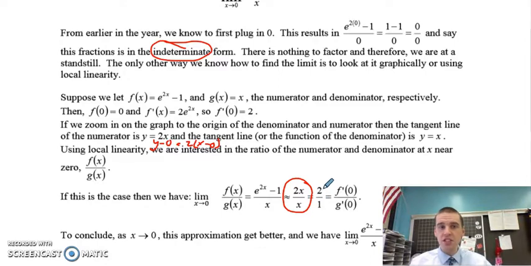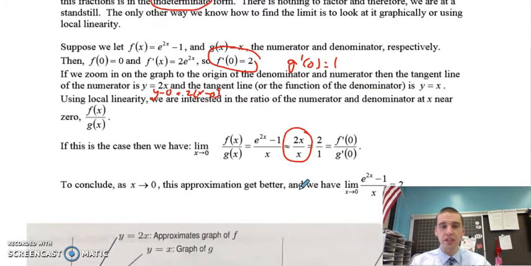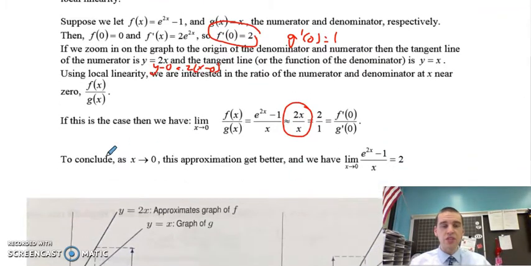Well, where did we see 2 over 1 before? f prime of 0 and g prime of 0. And so what this is trying to conclude here is that as x approaches 0, the limit is equal to 2. And we did that based on the fact of the derivatives.